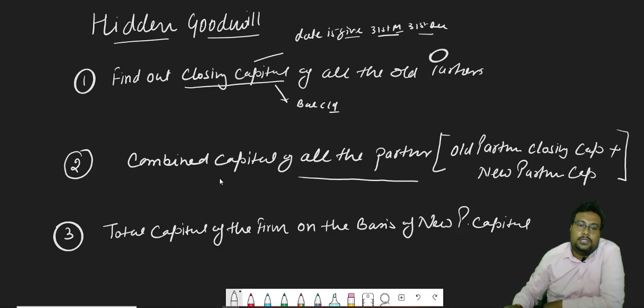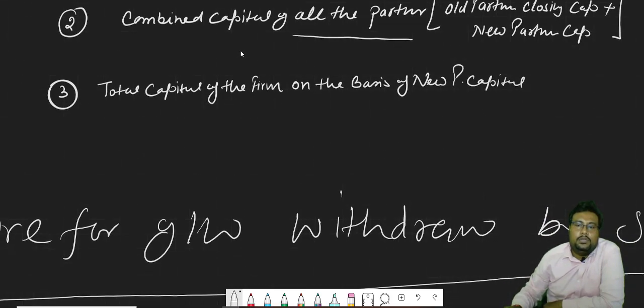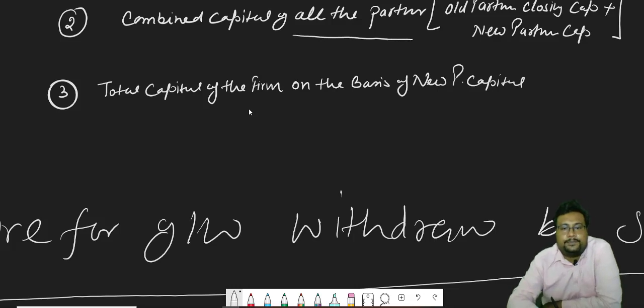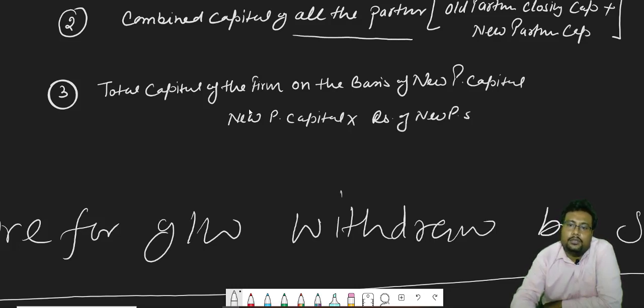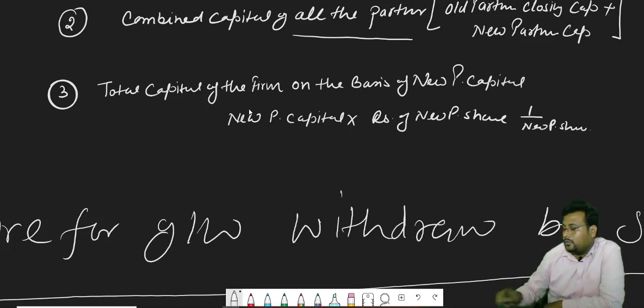How can we find out? Simply we have to follow this particular step: new partner's capital into reciprocal of new partner share. Reciprocal of new partner share means 1 by new partner share.